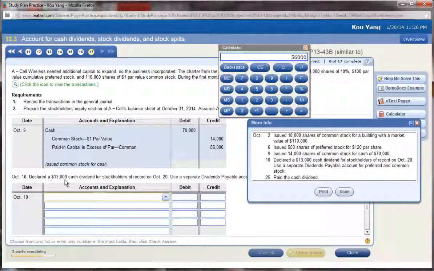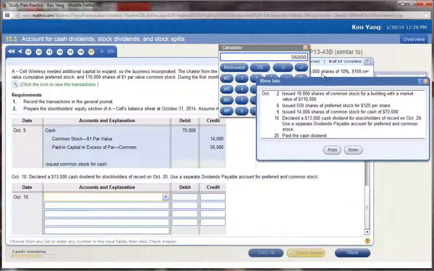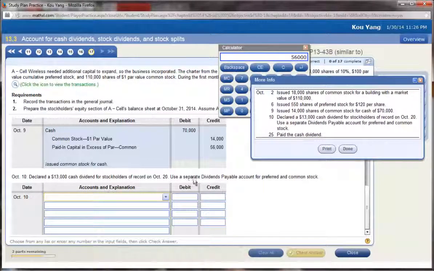They declared a $13,000 cash dividend for stockholders of record on October 20th. Use a separate dividends payable account for preferred and common. Okay, so we're going to record the liability at the date of declaration.